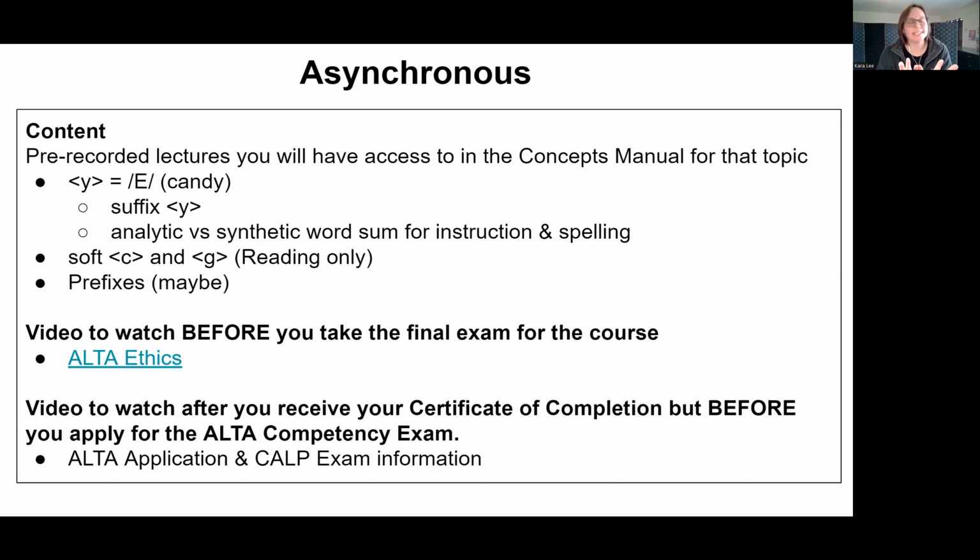strenuously recommend that you do that, because a certificate of completion from us does mean something, of course, but in terms of the law in Ohio, you need to take that extra step if you want to be considered appropriately certified in structured literacy by the definition of the Ohio dyslexia laws.